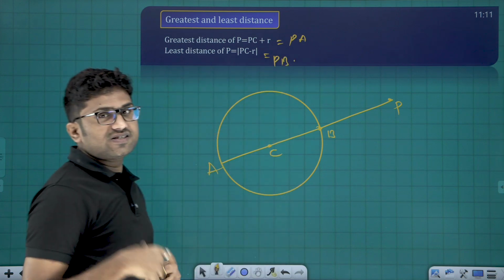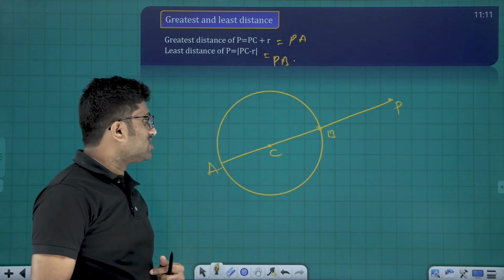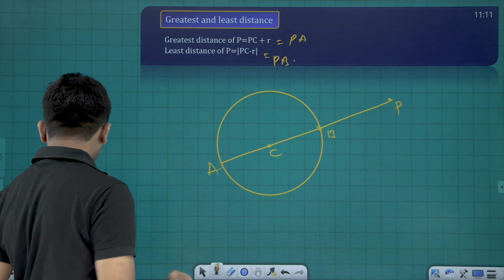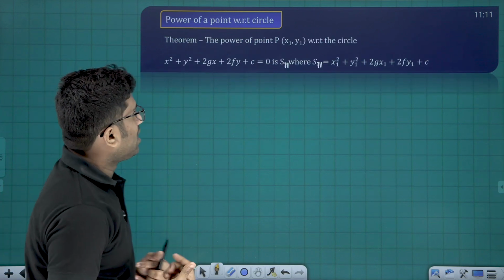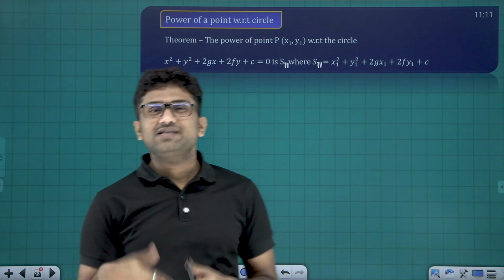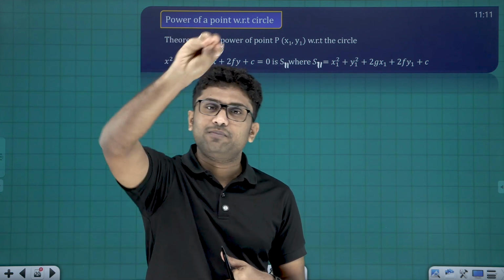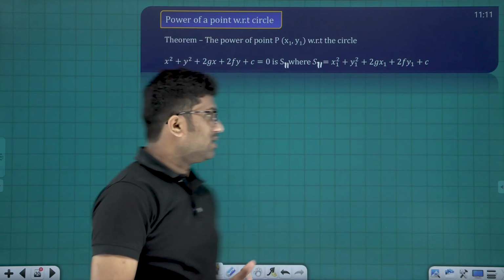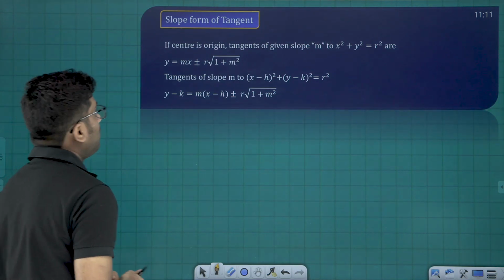Greatest distance is PC plus R and smallest distance is PC minus R. That's it. Power of a point: friends, the power of a point x1 comma y1 with respect to the circle is S11, that means substituting the given point in the circle equation. That is what we call the power of a point.